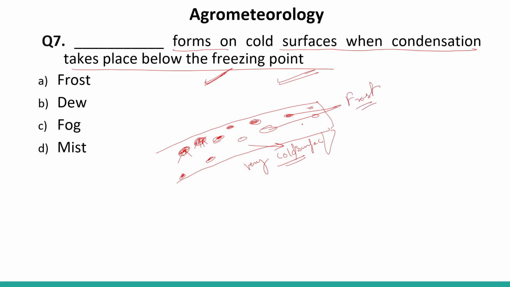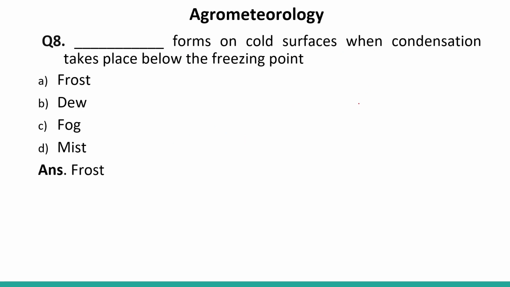So frost forms on cold surfaces when condensation takes place below the freezing point. Here the condensation is taking place, but it is below the freezing point, so the water freezes and forms frost. The correct answer is frost forms on cold surfaces when the condensation takes place below the freezing point.